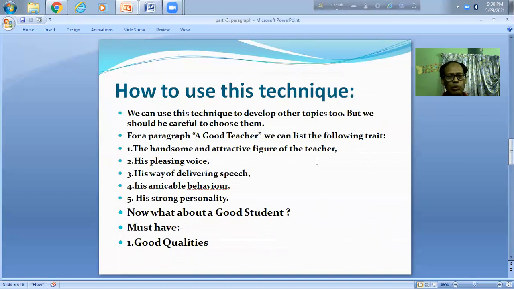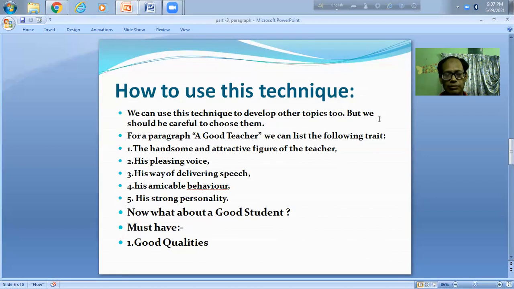So now come to a good teacher. We can list the following traits, characteristics or qualities of a teacher one after another, like how handsome or attractive the teacher is, his pleasing voice. You can tell something about his pleasing voice, his way of delivering speech.